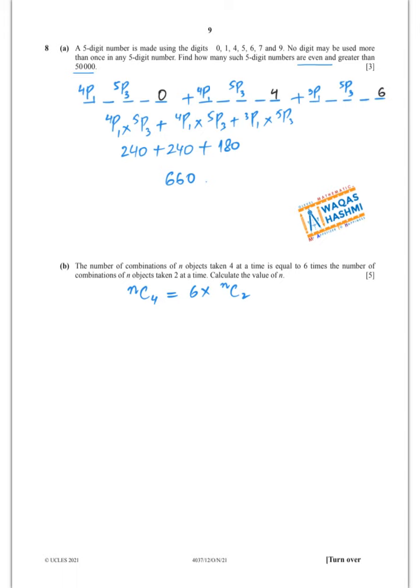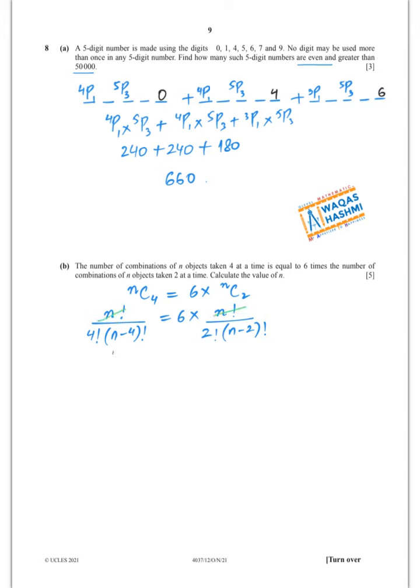Now you need to expand. So nC4 means n factorial divided by 4 factorial into n minus 4 factorial, that is the working formula, equal to 6 times n factorial divided by 2 factorial times n minus 2 factorial. Alright? Once you have your equation, then you need to simplify. n factorial and n factorial cancel.